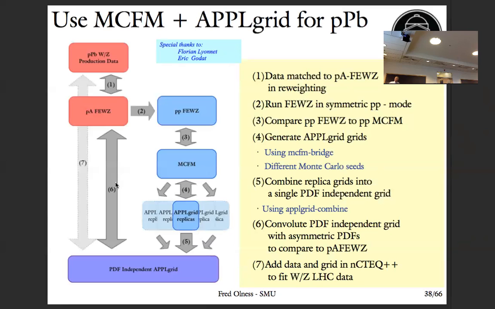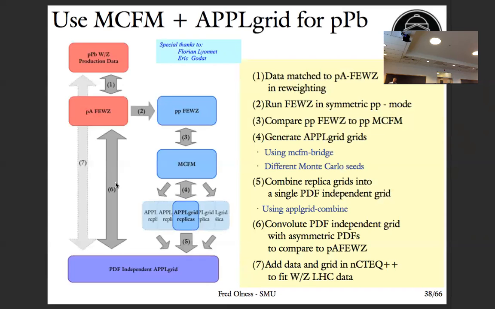And then you can combine those with the statistics. And then when you're done, you have a PDF-independent APPLgrid. So with the FEWZ method, you run for a week and get a result. In this case, you run for a week to get the APPLgrid, but once you have the APPLgrid, then it's a millisecond to actually do the final convolution, just to sum over the grid. And so you can now put this inside your fit.